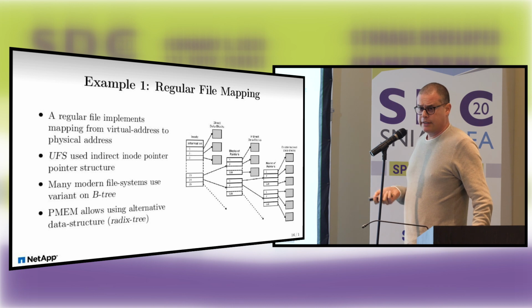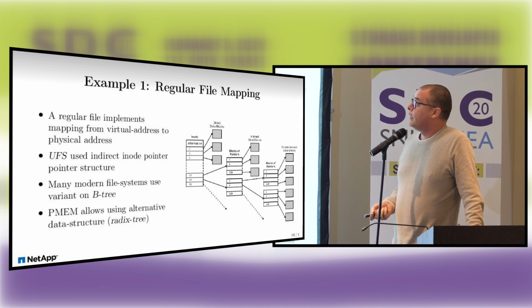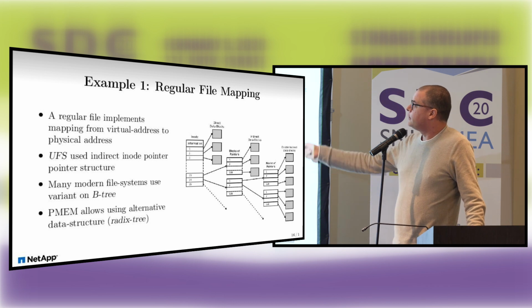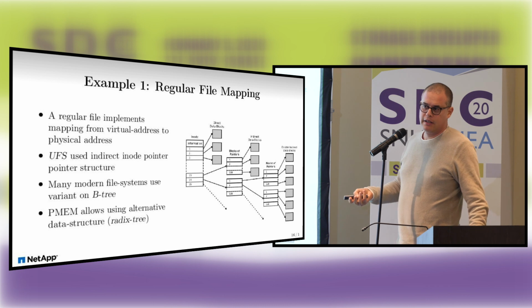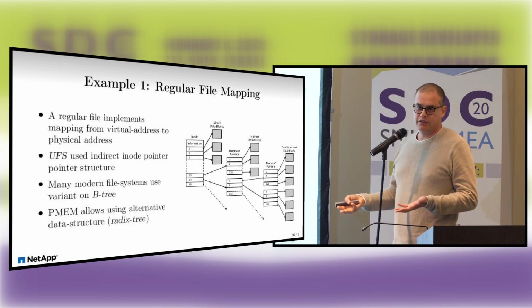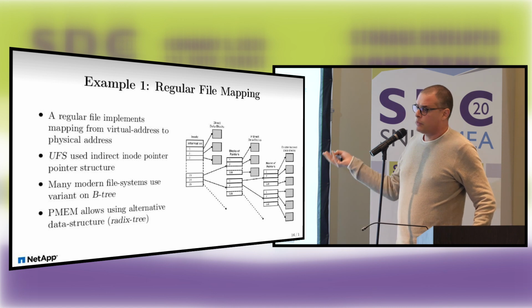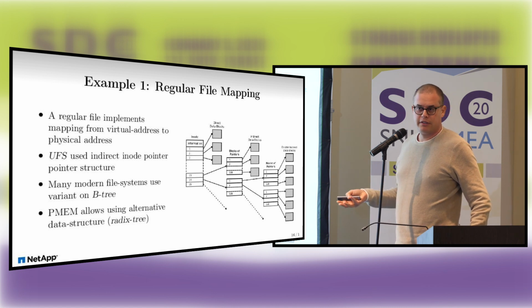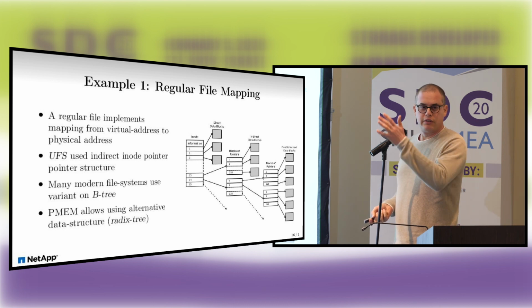Okay, so let's take two examples and go into the details. This is actually the traditional way of doing file mapping. Basically, a file system serves I/O for a file; this is one of its fundamentals. The traditional way, which most of us probably learned during university, is using an inode, an indirect inode, a double indirect inode.